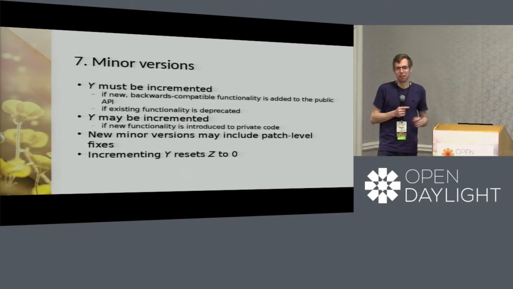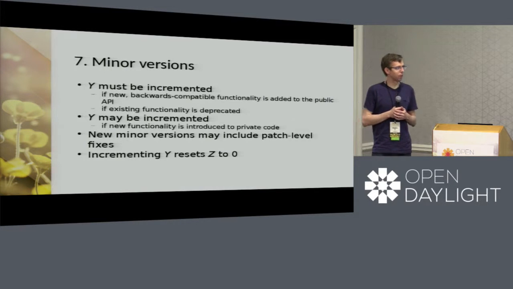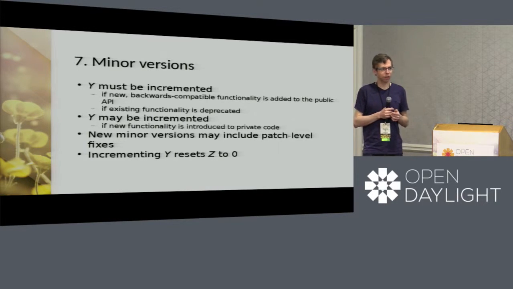So the next step up is when you're adding new features, but in a backwards compatible way, or if you're deprecating existing functionality and you release a new artifact, then you increment Y. You can if you want, but you don't have to increment it if you're adding new functionality to private code.